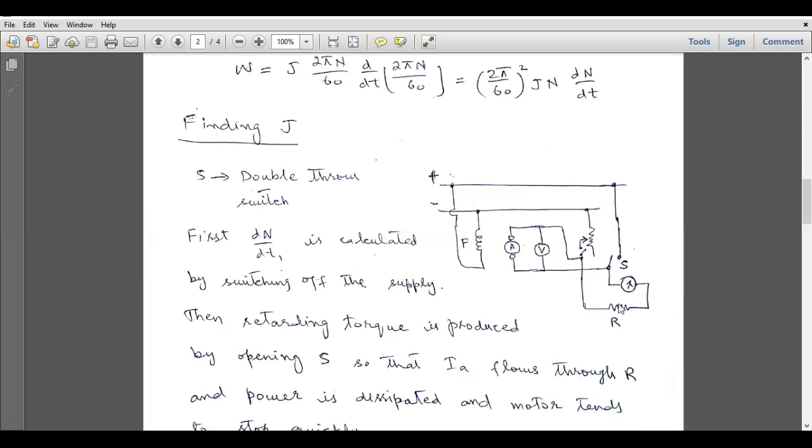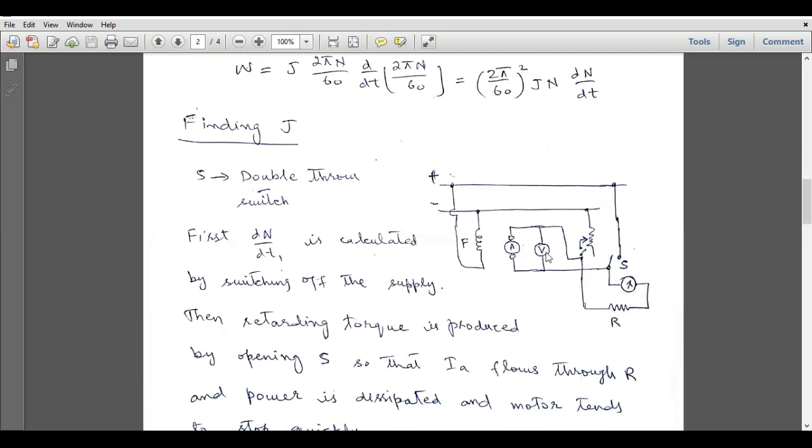After turning off these two switches, all the current, or all the energy present in this armature winding, will be released through this path. In this path we have a resistor, so we can dissipate the electrical energy produced by this generator during running down across this resistance. This causes the kinetic energy stored in the armature to be released quickly.